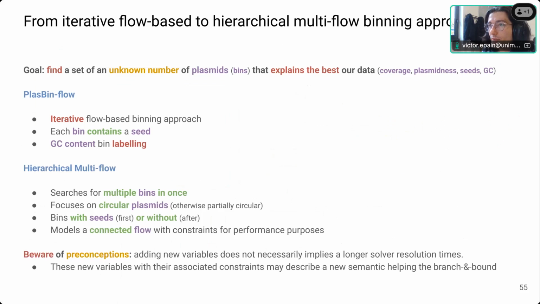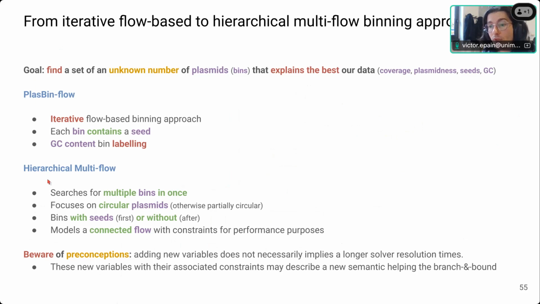What was our goal? Our goal is to find a set of an unknown number of plasmid bins that best explains our data: the coverage, the plasmidness, the seeds, and sometimes the GC content. I based the presented work on Plasmidflow, which is an iterative flow-based binning approach, ensuring that each bin contains a seed and labeling the bin with a GC content interval.